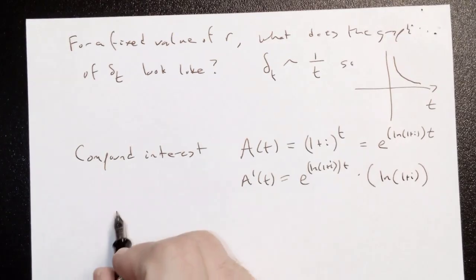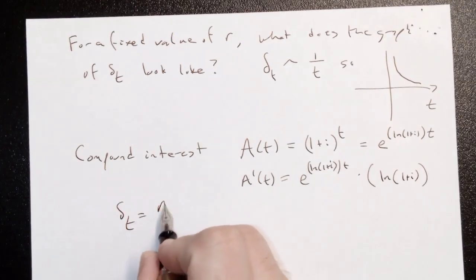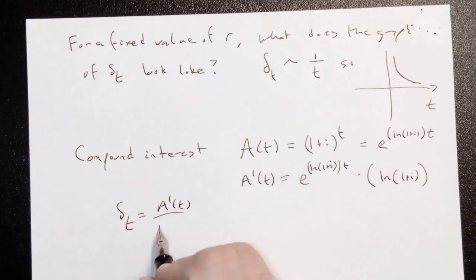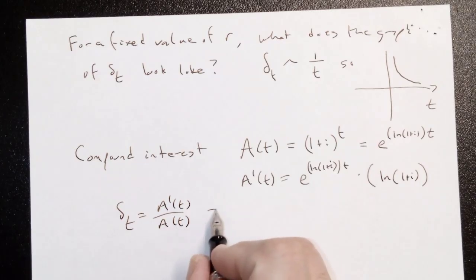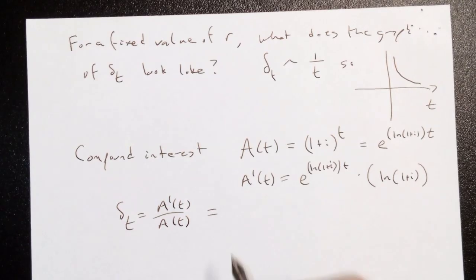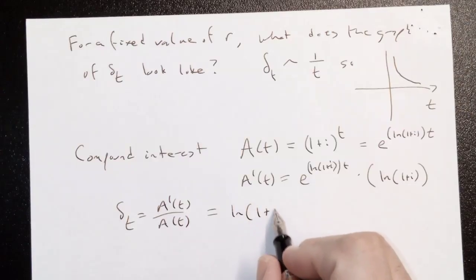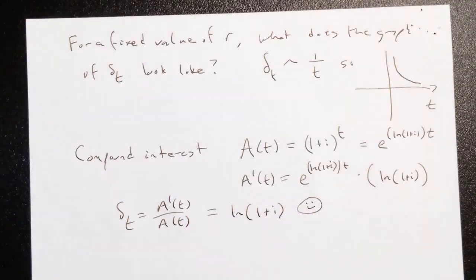Delta t is a prime of t over a of t, which is a constant, isn't it?